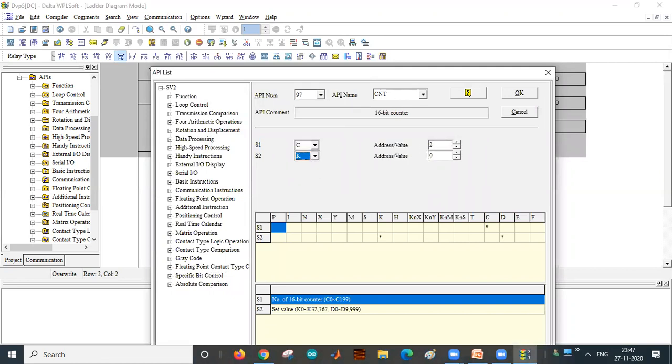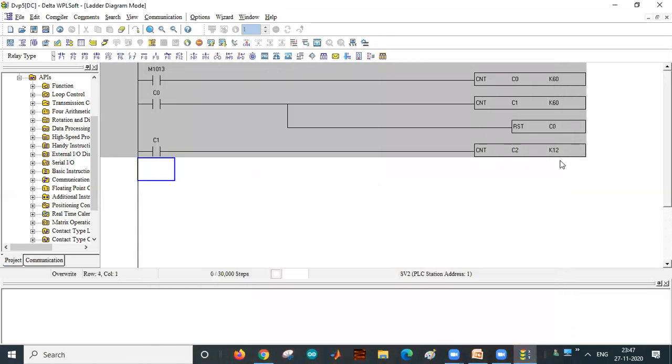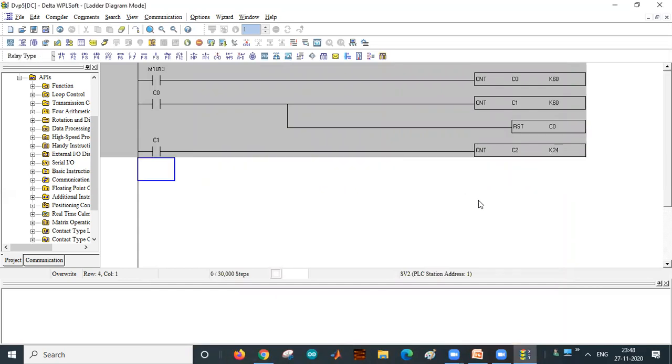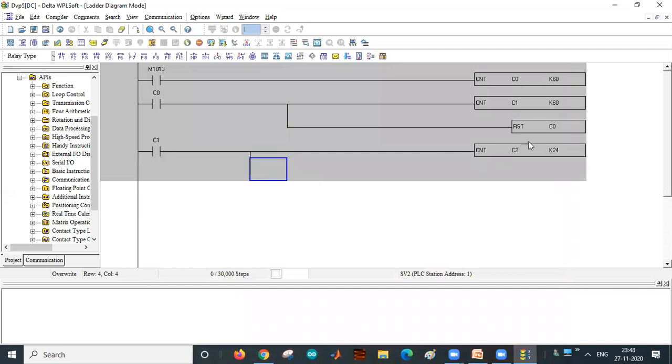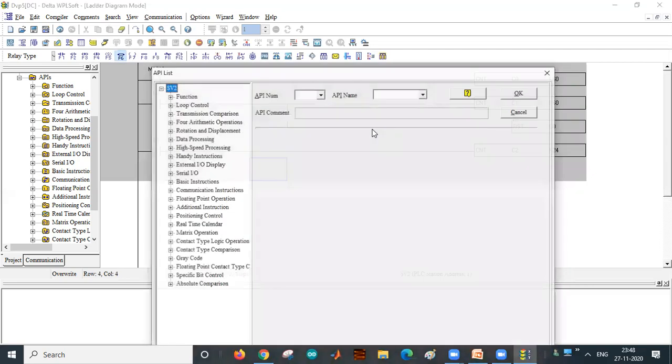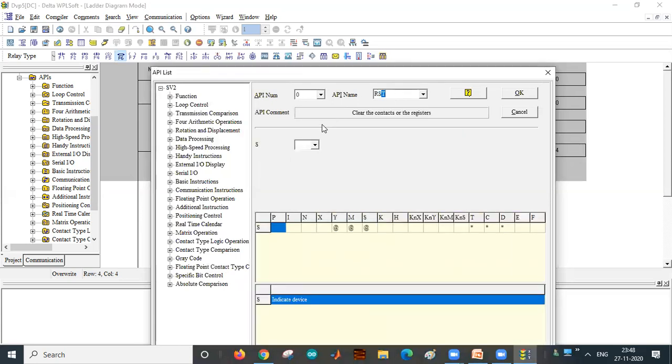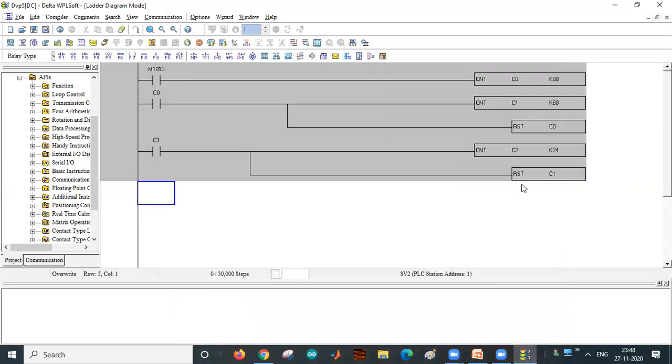C2 is the hours counter, so the value here, the decimal value, is 12. For a 24-hour clock, it will be 24. Okay, at the same time you have to reset C1. How to reset the C1.